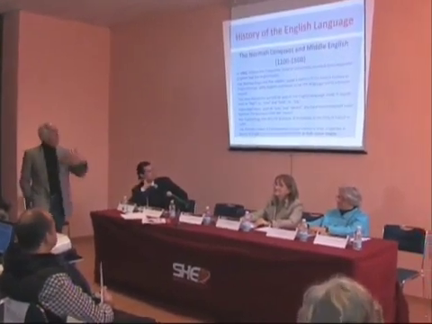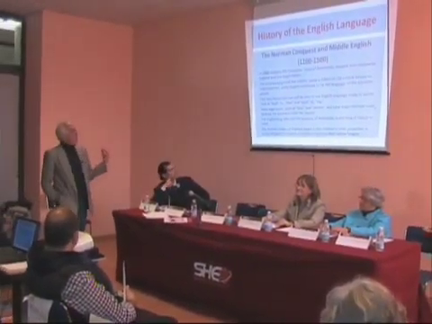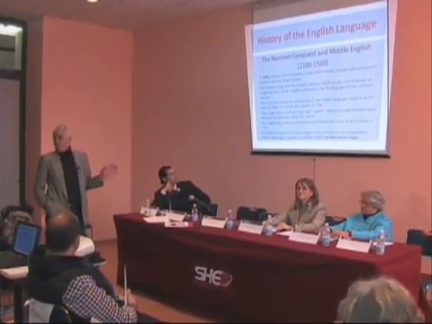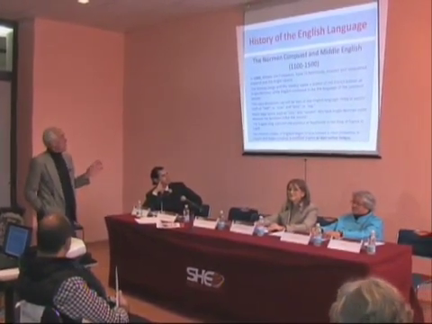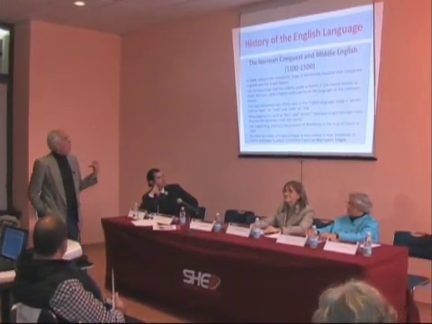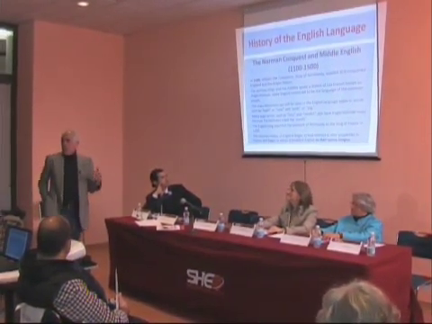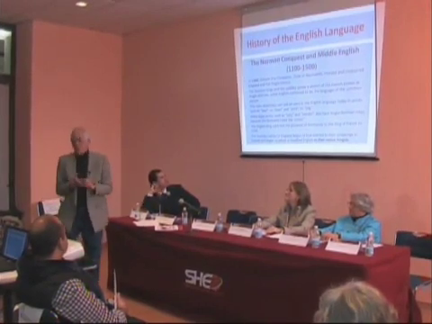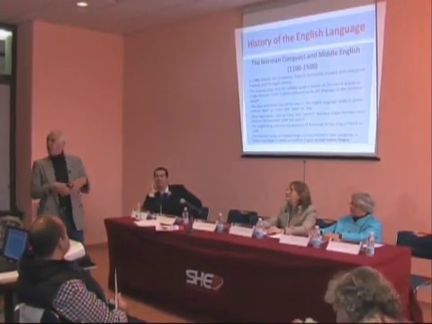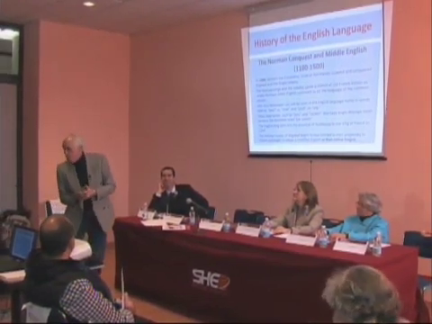So there was a class distinction that can still be seen in the English language today, in words such as beef versus cow and pork versus pig. So the common people would say pig, and the elite would say I'm eating pork.